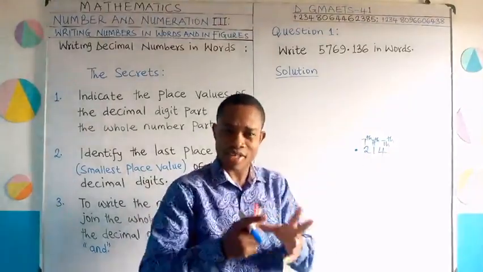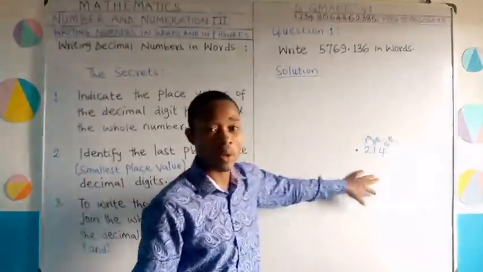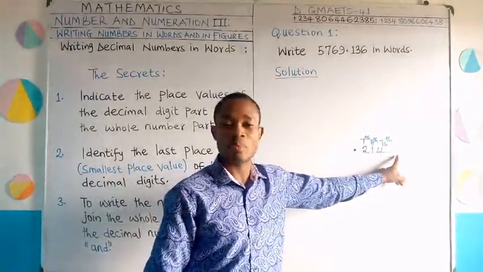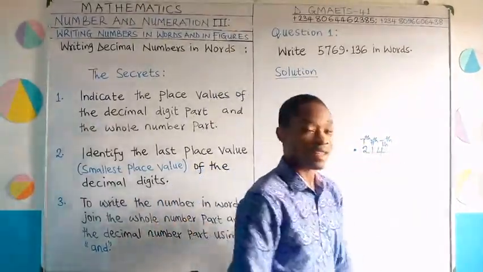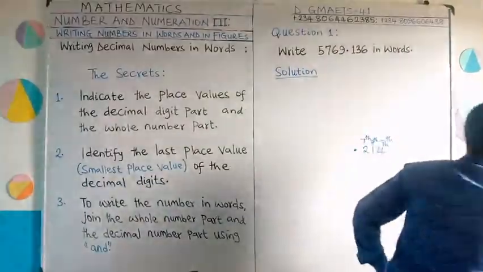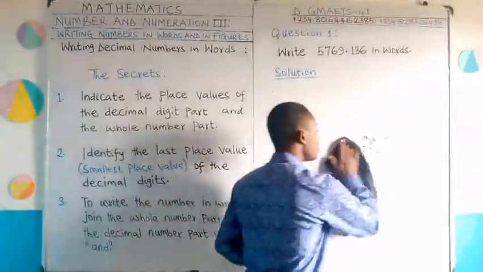So you see the whole idea there, right? Pronounce all the digits you have in the decimal part, and then you end it with the last place value. That is the general way of pronouncing the decimal digit part.